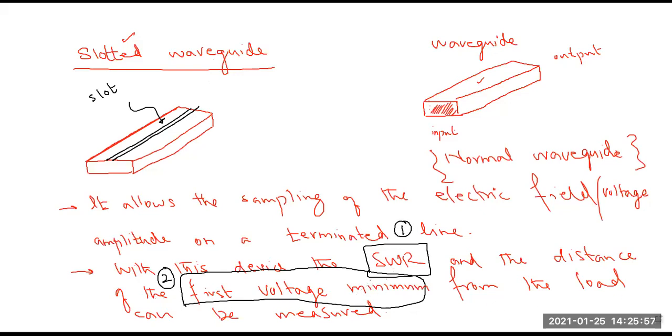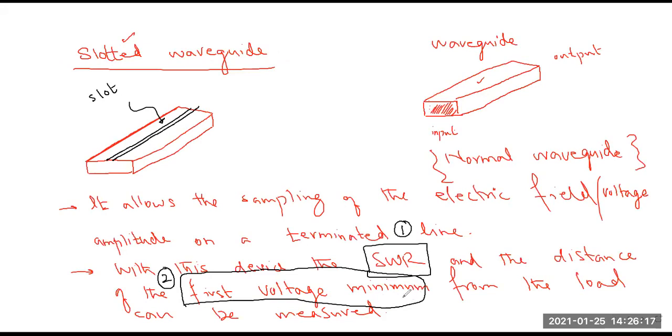So let me write the third statement about slotted waveguide. Once we measure, so let me represent this voltage minimum by this symbol L minimum.